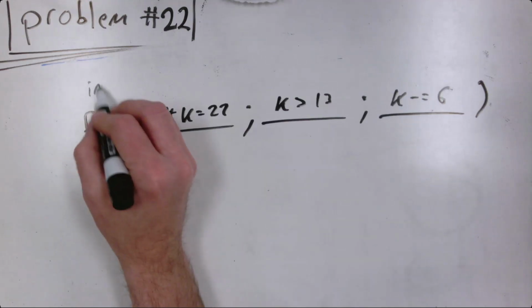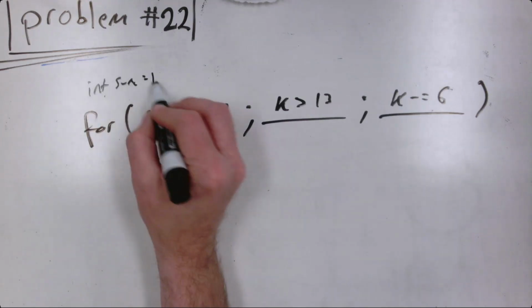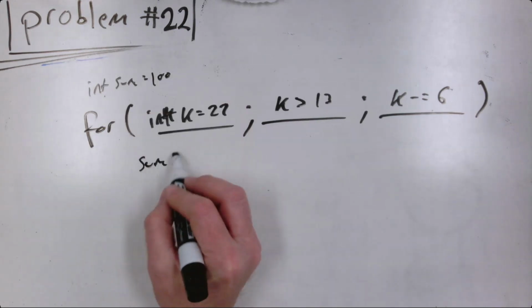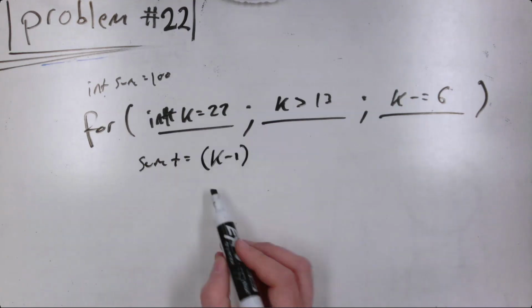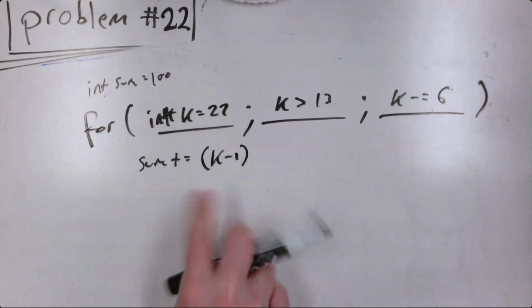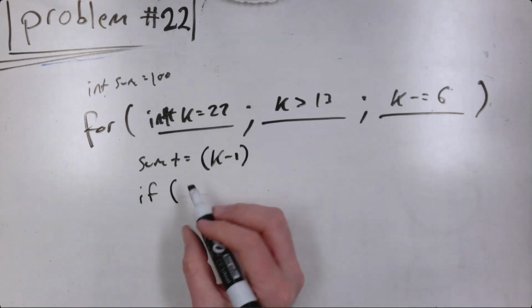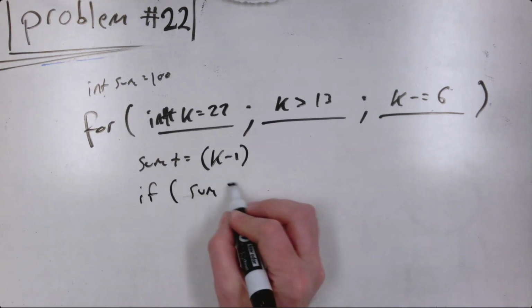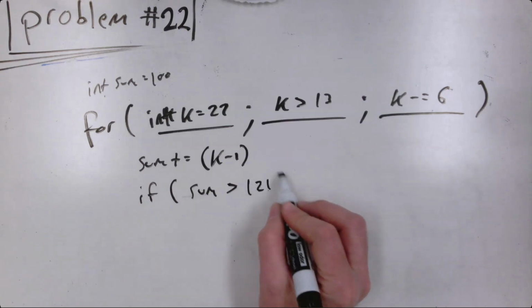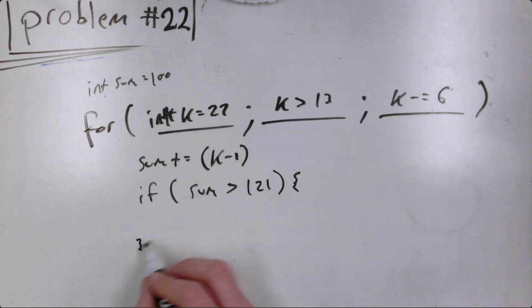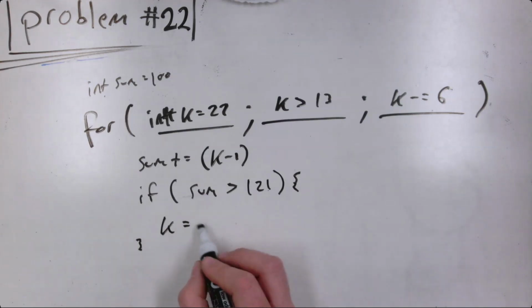I had a sum variable, and I was going to add into the sum some number relative to k. Then I had an if statement where if sum is greater than something, I set k equal to a value that would cause my loop to exit, like this.